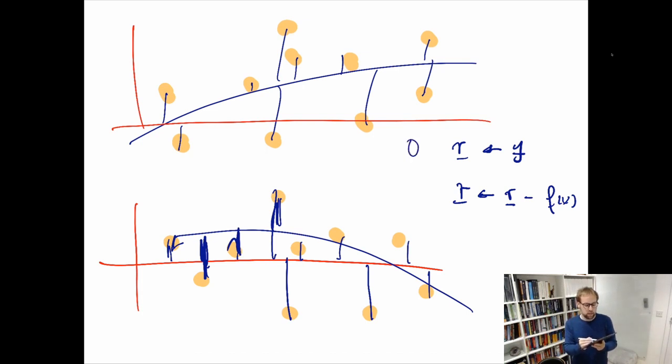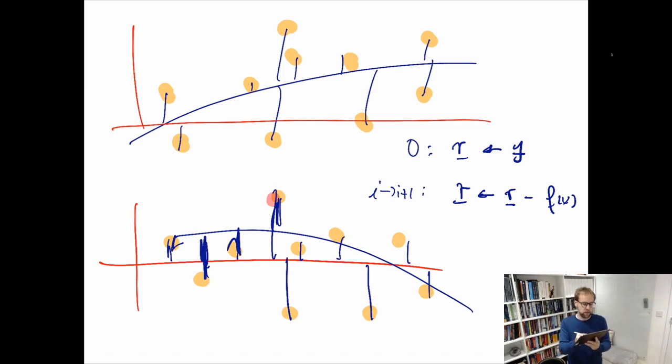And then in the iteration, when I go from i to i plus 1, I will just keep on replacing my residuals by the previous residuals minus the function there. So this would be the previous residual. Now let's get a good example here.